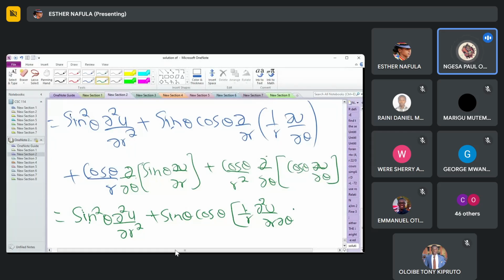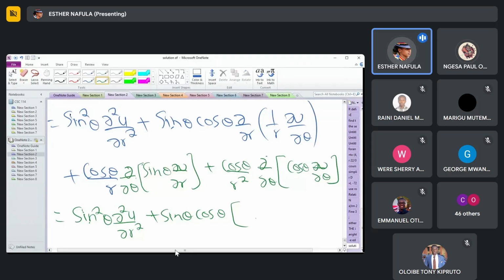Not partial squared u, it's partial u. Yes, it's not 1 over r. It's not supposed to be 1 over r. I thought you had differentiated partial u, partial theta first, holding 1 over r constant. Then this is not 1 over r.